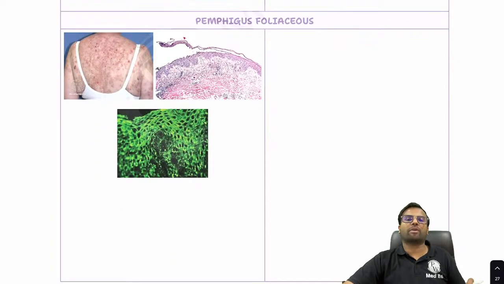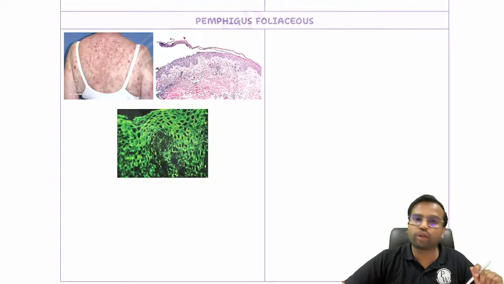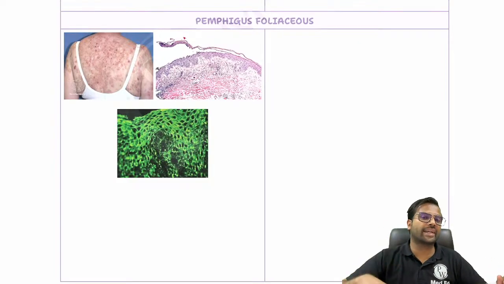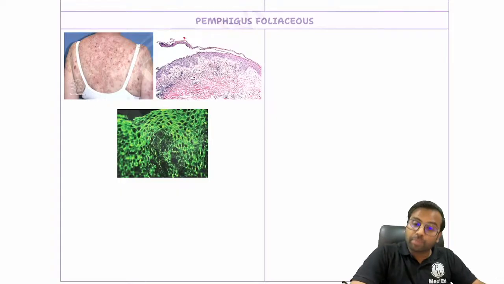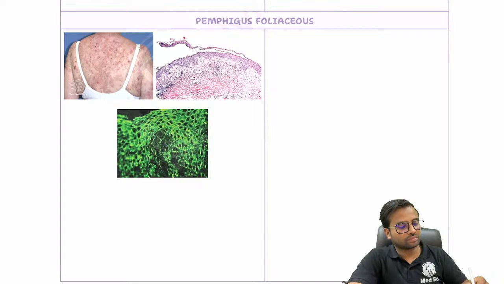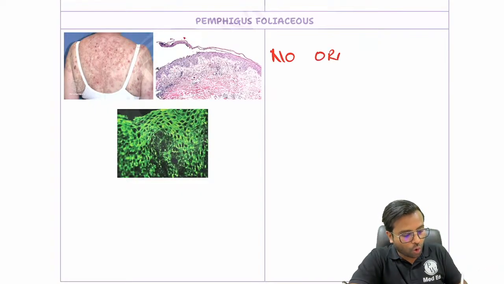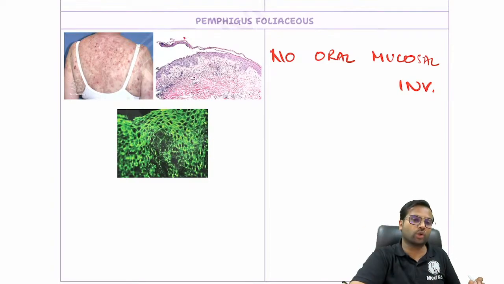So a few things about pemphigus foliaceus. Because what is more important is, on the day of the exam, what is the clinical differentiating factor for pemphigus foliaceus from pemphigus vulgaris? What is the answer? In pemphigus foliaceus, what is not present? There is no oral mucosal involvement.